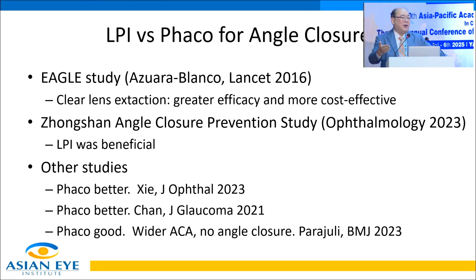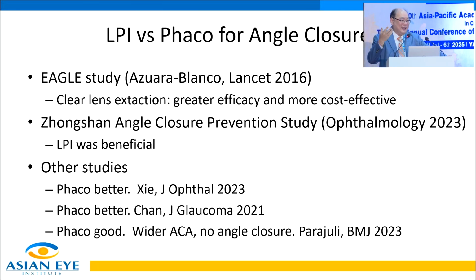But of course, some patients may not want to have cataract surgery, especially if their vision is still good. So there are other studies like the Zhongshan study, where it shows that even doing peripheral iridotomy is beneficial to tide them over. These patients may not be ready, may not be willing, or may be suspecting that you just want their money.